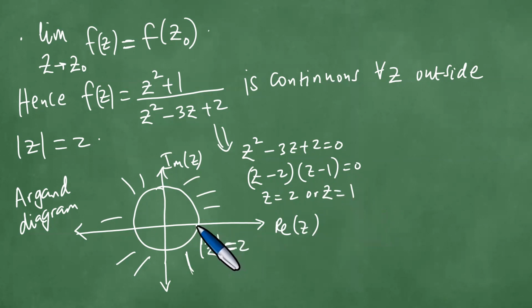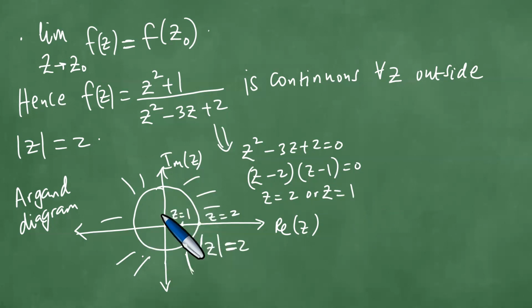So z equals 2 is like here and z equals 1 is there. We can see z equals 1 is inside and the other one is on the boundary.